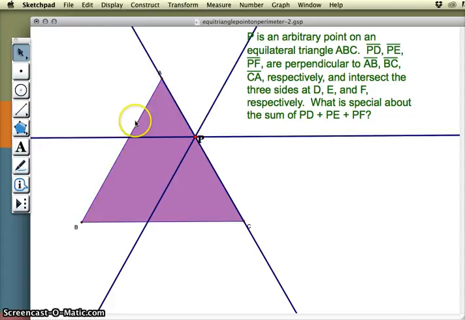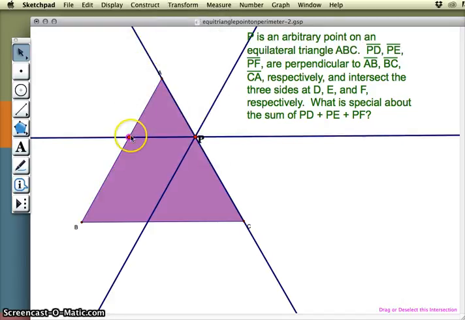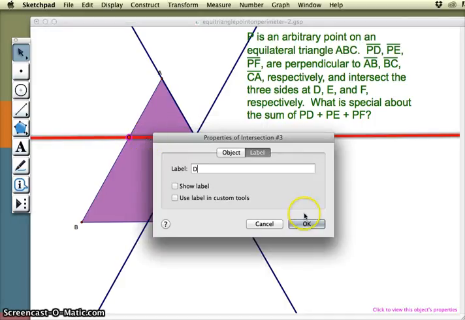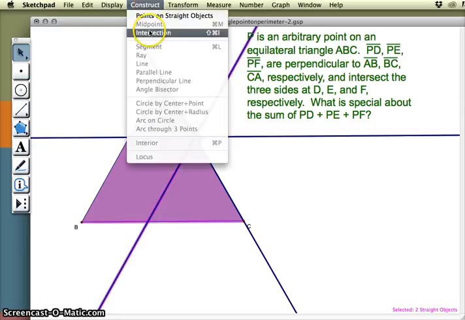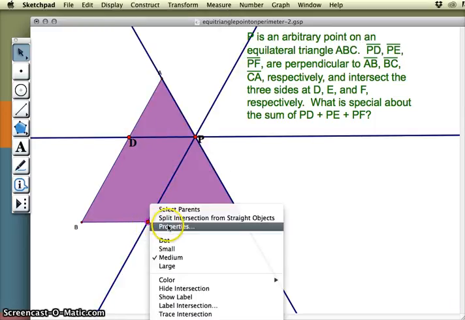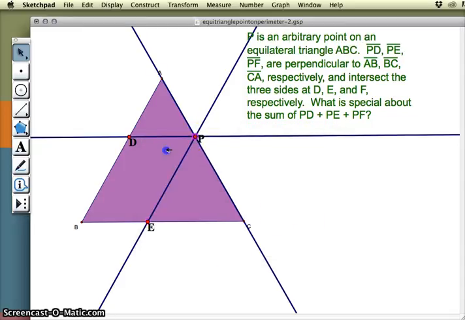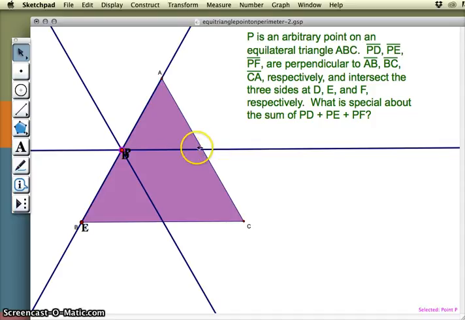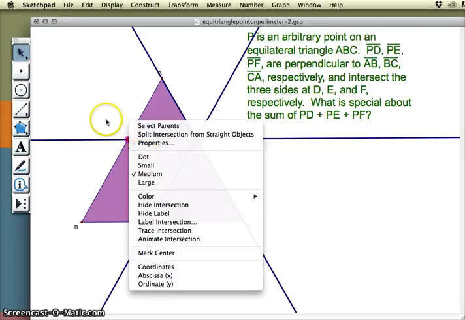Oops, too many things highlighted. D, E, let's change the color of D and E just so that we can be clear here.